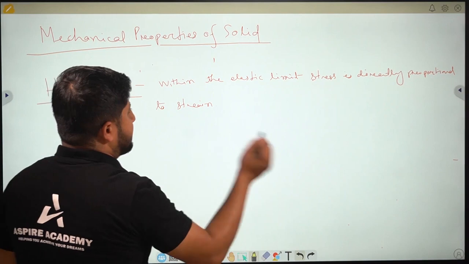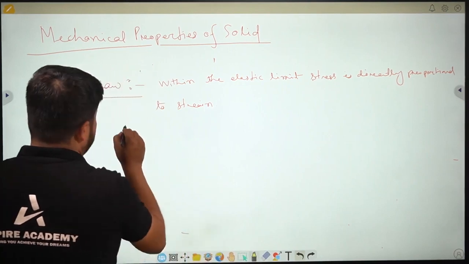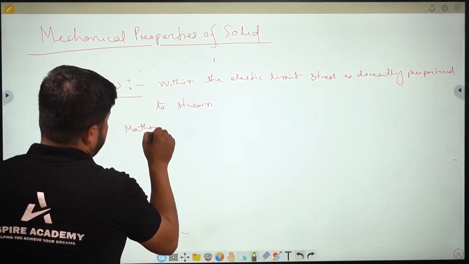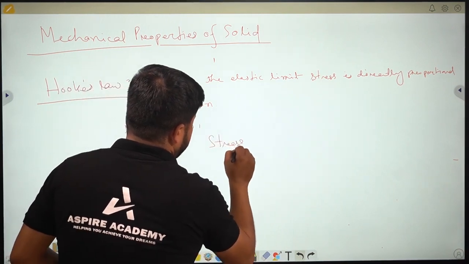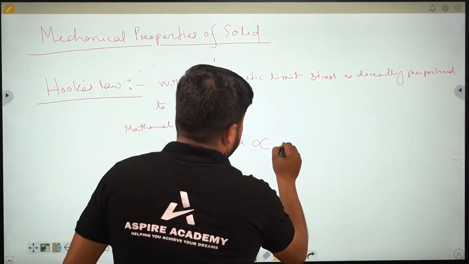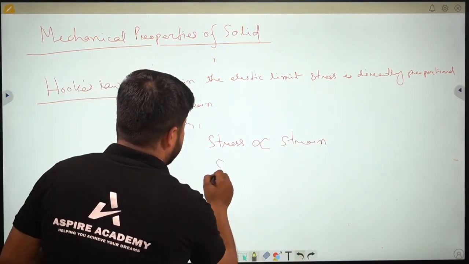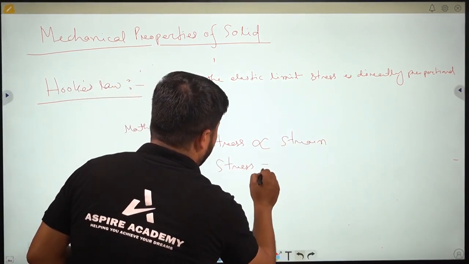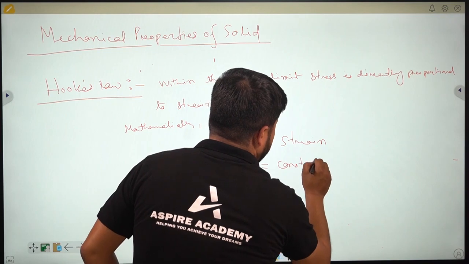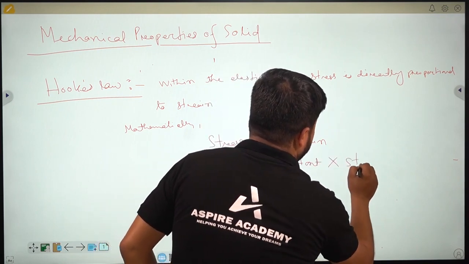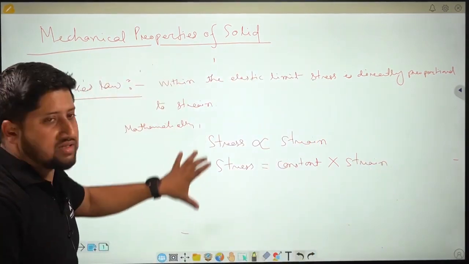Now how can we represent this in a mathematical way? Mathematically, stress is proportional to strain, so stress is equal to one constant term into strain.